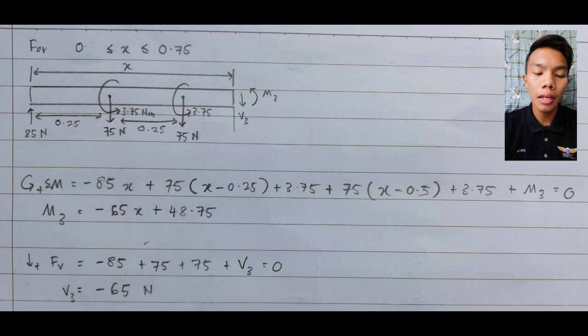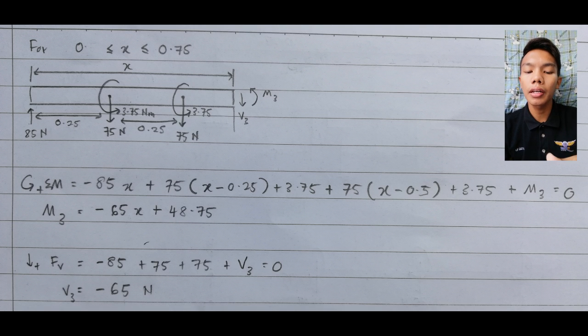So here from left to right, for the total moment we have negative 85x plus 75 (x minus 0.25) plus 3.75, the moment at C, plus 75 (x minus 0.5) plus 3.75, the moment at D, plus M3 equal to 0.